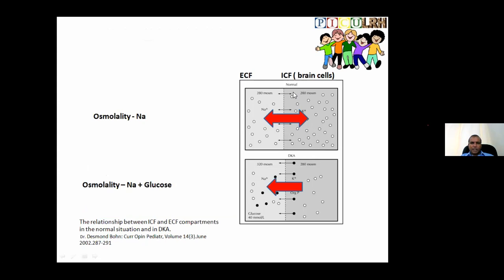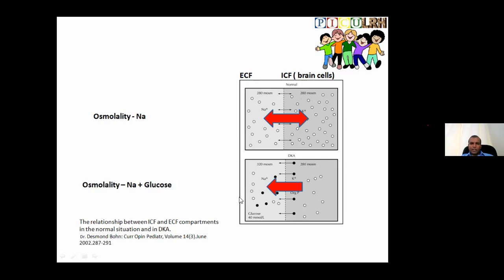This is my intracellular fluid, this is extracellular fluid. Initially, you have the same osmolarity on both sides. Extracellular fluid is 280, intracellular fluid is 280. The main ion in ECF is sodium, the main ion in ICF is potassium. That's the difference, but both are the same.